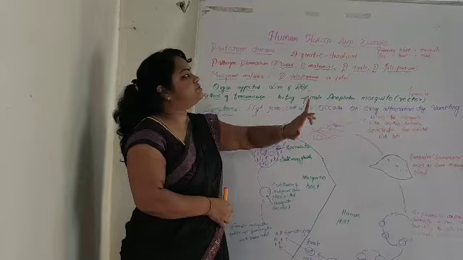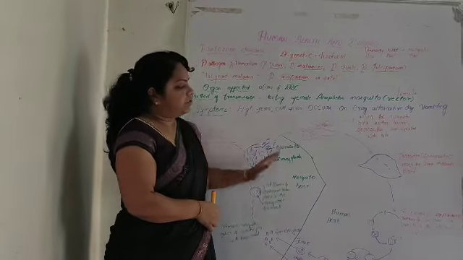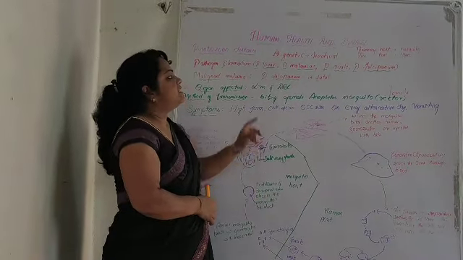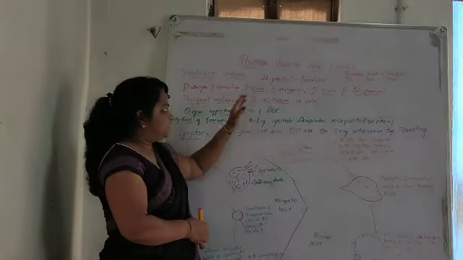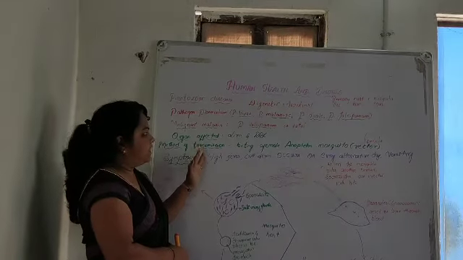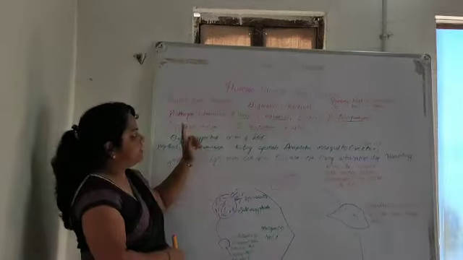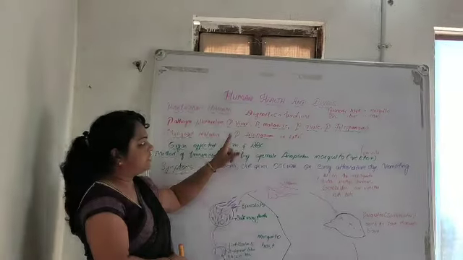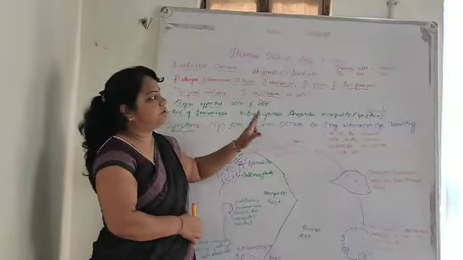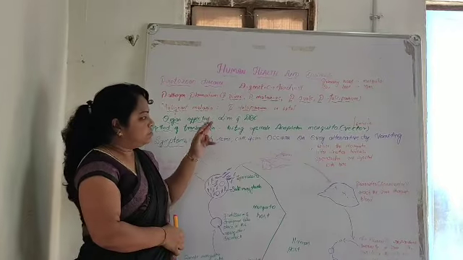Why is it called digenetic? In order to complete its life cycle, the parasite Plasmodium vivax requires two hosts. There is further explanation in this.